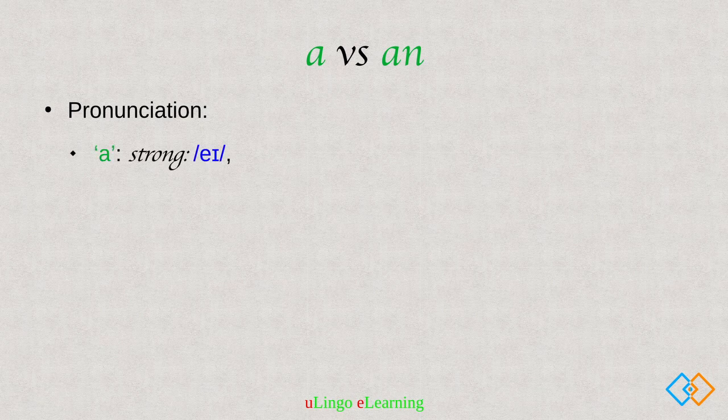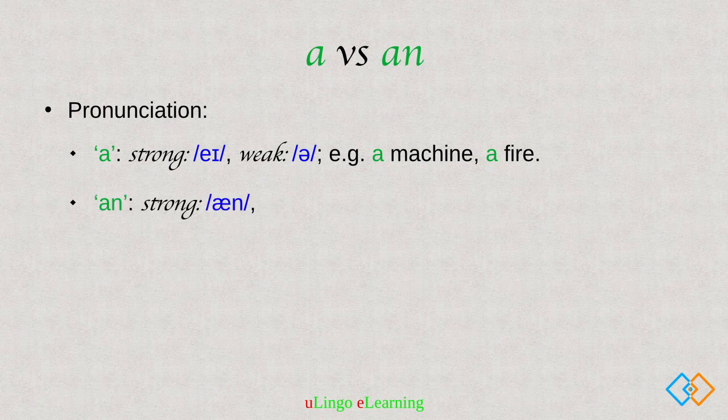The strong form of a is a, of course, and its weak form is a. For example, a machine, a fire. The strong form of an is an, and its weak form is an. For example, an item, an orange. I hope this makes clear to you why I say a, an, instead of a, an.